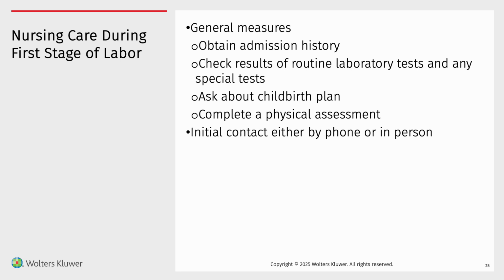This slide here outlines nursing care activities during the first stage of labor. Begin with general measures, which include ensuring the patient is comfortable, informed, and supported. Through a thorough admission history, this includes reviewing the prenatal records, medical and OB history, allergies, and any risk factors identified during pregnancy.